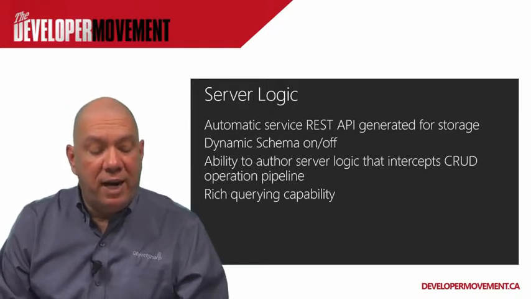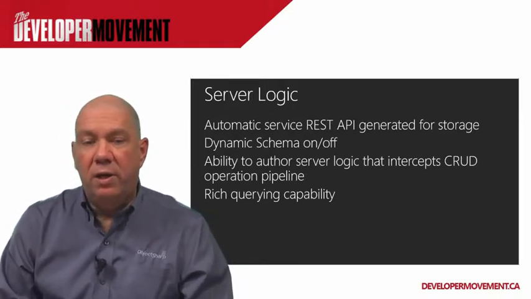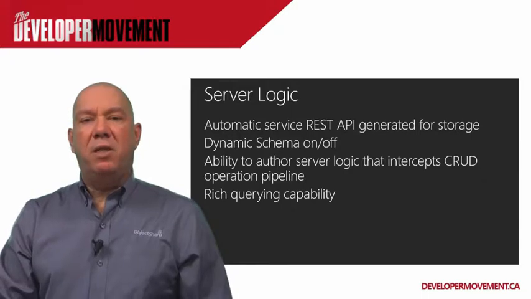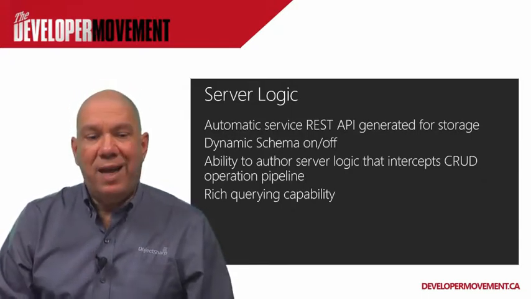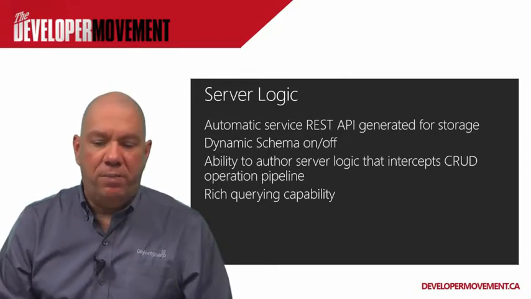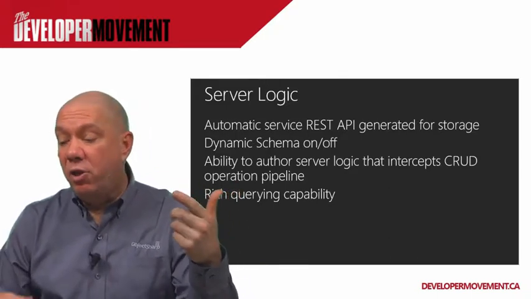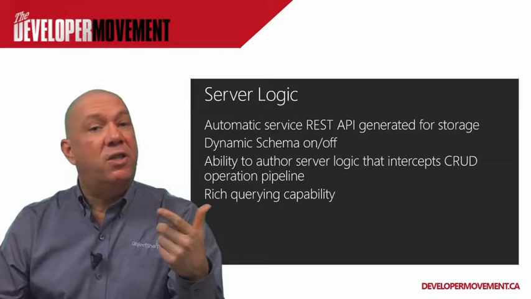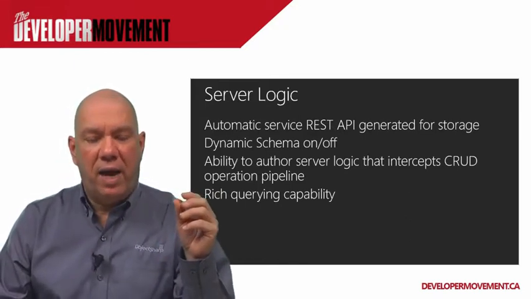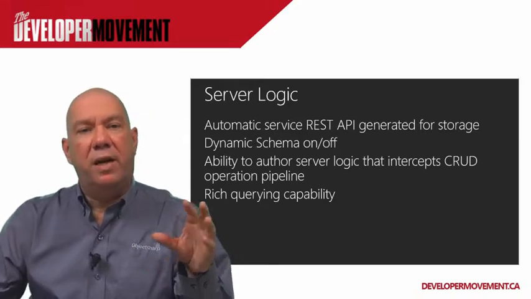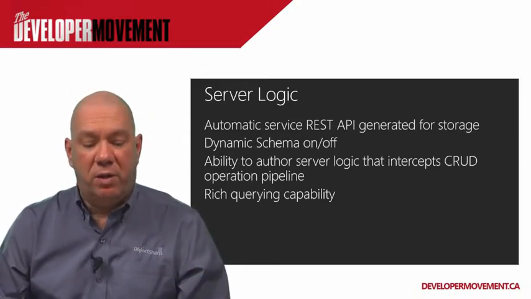Now, the idea behind dynamic schema is a very interesting one. What it basically means is that when you pass a DTO, a data transfer object, across to the Azure Mobile Service, it takes a look at the properties on the DTO. It looks up the name of that class as a table inside of mobile services, and looks at the columns inside of that particular table on the back end.